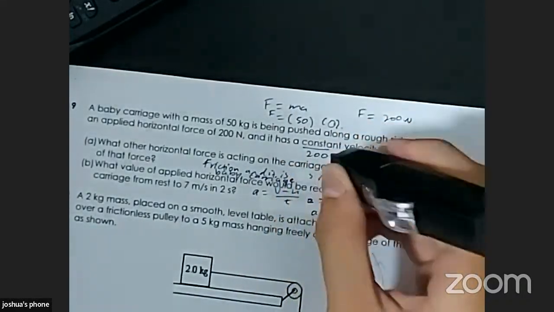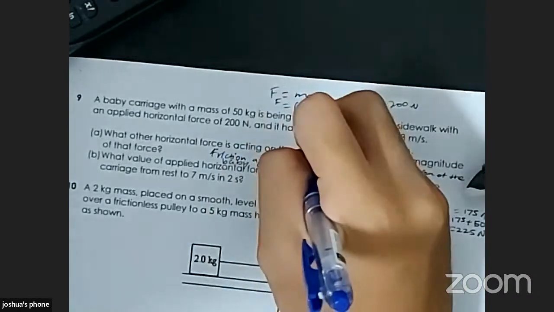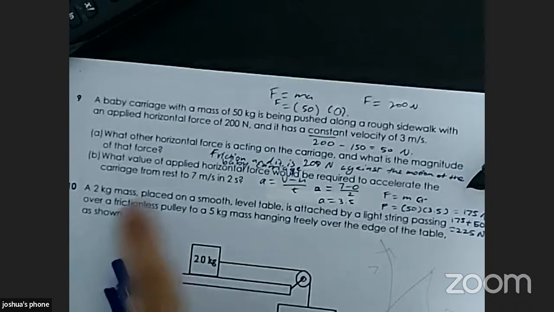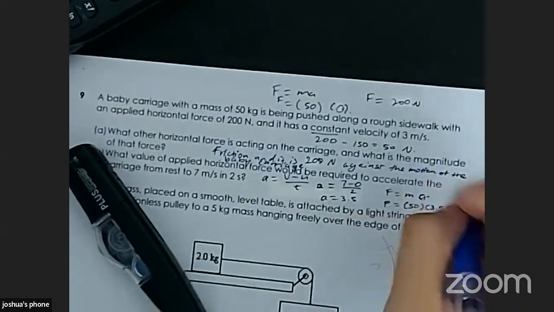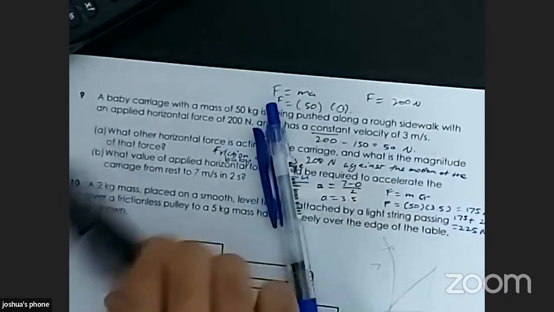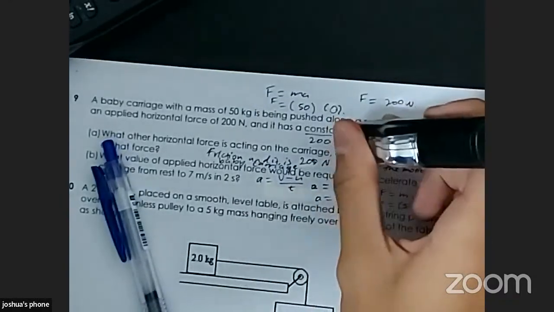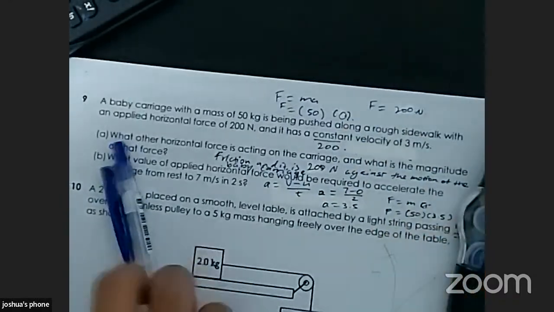That's what it means. The 200 Newton is just used up, so to speak, to overcome friction. That's why you get no acceleration. So for part B, you'll be adding 200 inside. And then that's it. So part A was wrong because of that.